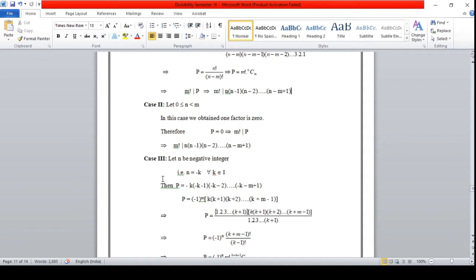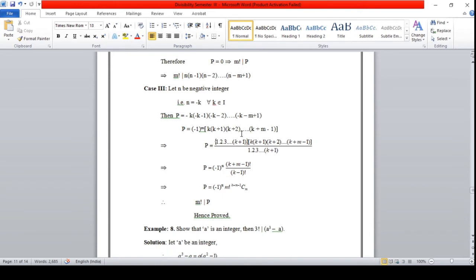Case 3: let n be a negative integer. For decreasing order, n is equal to minus k. Substituting, all n replaced by minus k, P is equal to minus 1 raised to the power m times the product of m consecutive numbers.